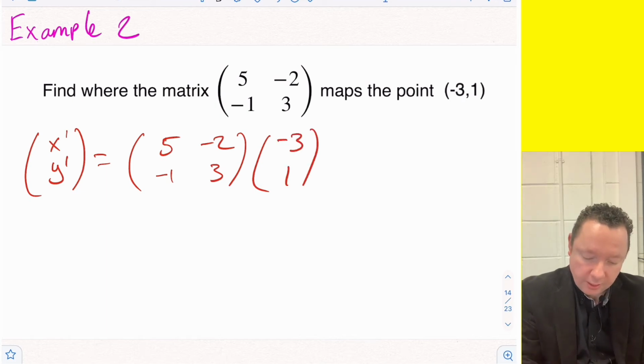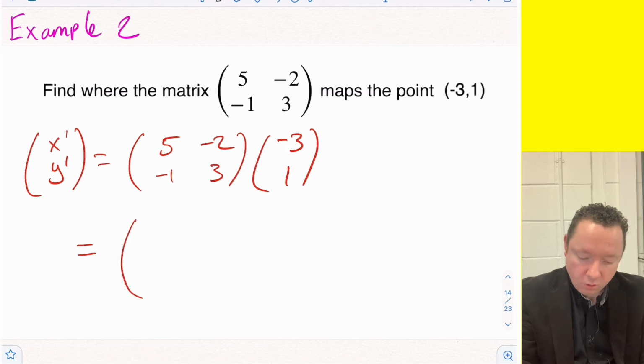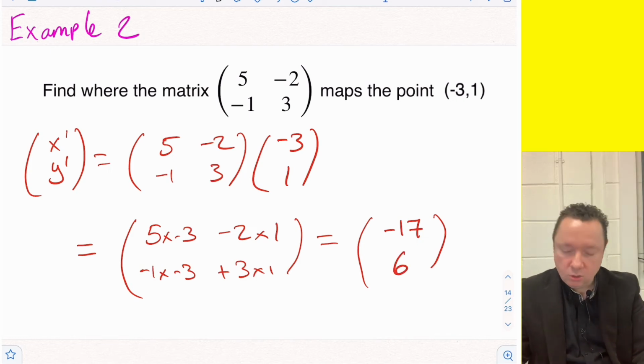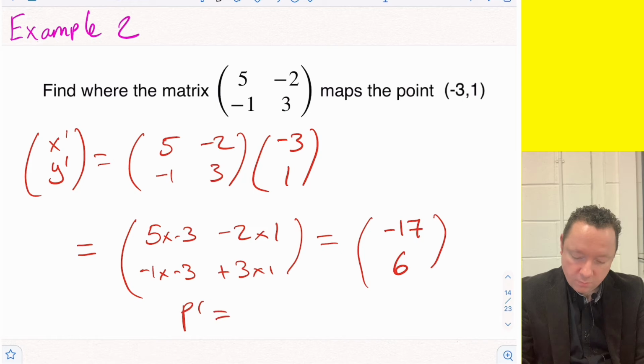So multiplying that together, we have got 5 times minus 3 on the top, minus 2 times 1, and then we've got minus 1 times minus 3, plus 3 times 1. Tidying that up, we have got minus 15 take away 2 is minus 17. And on the bottom, we've got 3 plus 3, which is 6. So our point becomes minus 17, 6.